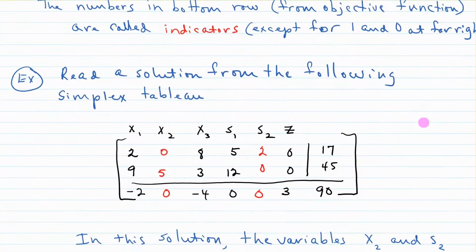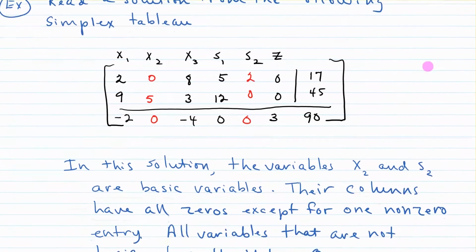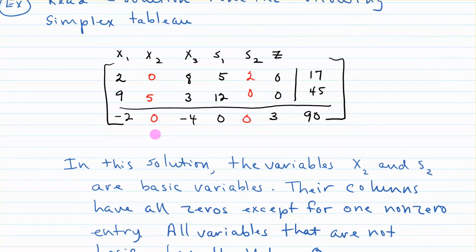Reading a solution from a simplex tableau. You have a solution if you have zeros everywhere and a constant one place. So in this solution, the variables x2 and s2 are basic variables. Their columns have all zeros except for one non-zero entry.